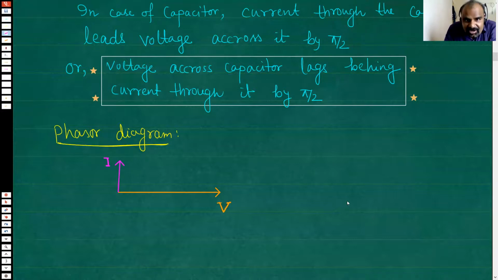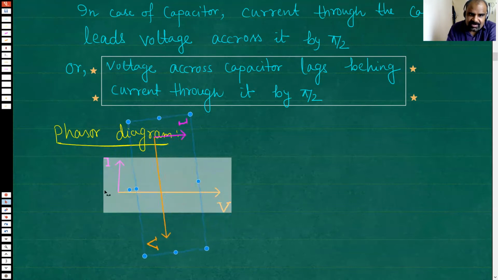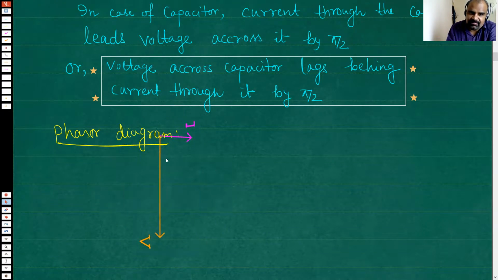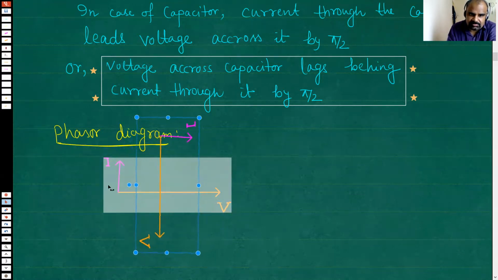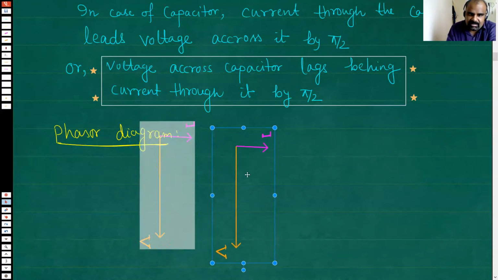But I'm saying it with some experience: if you draw the current as horizontal, it will be more helpful to you later on. So what I do is I'm going to rotate this by 90 degrees. See, everything is the same.